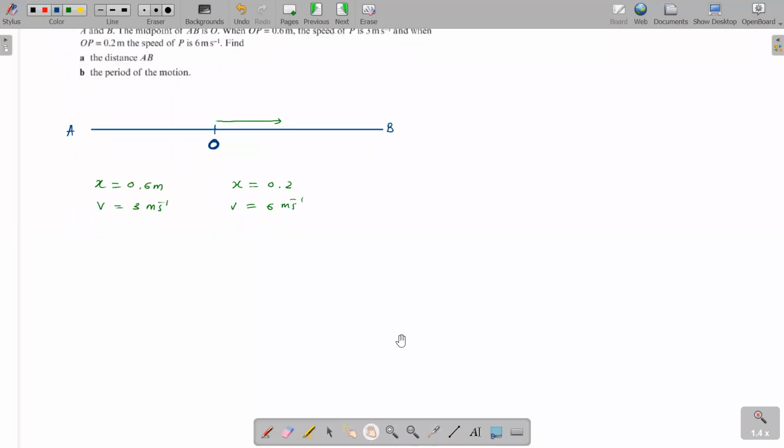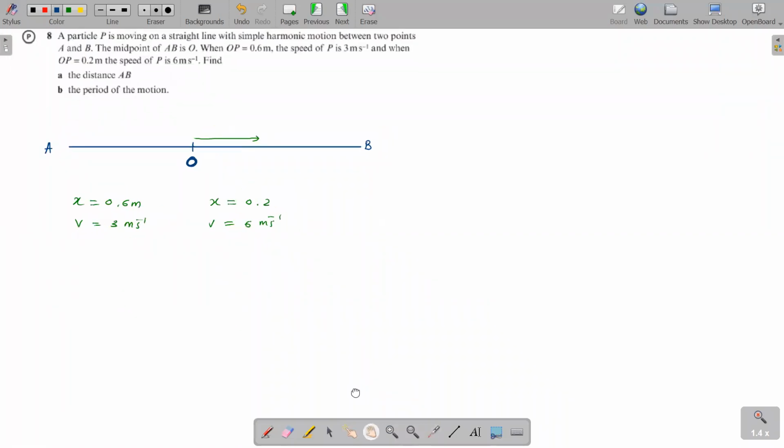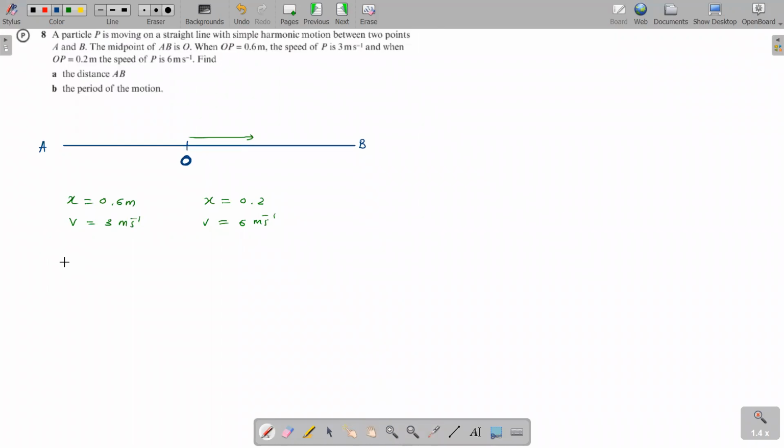So let's apply v squared equals omega squared (A squared minus x squared). v squared equals 3 squared, omega squared is unknown, A squared minus x squared is 0.6 squared.